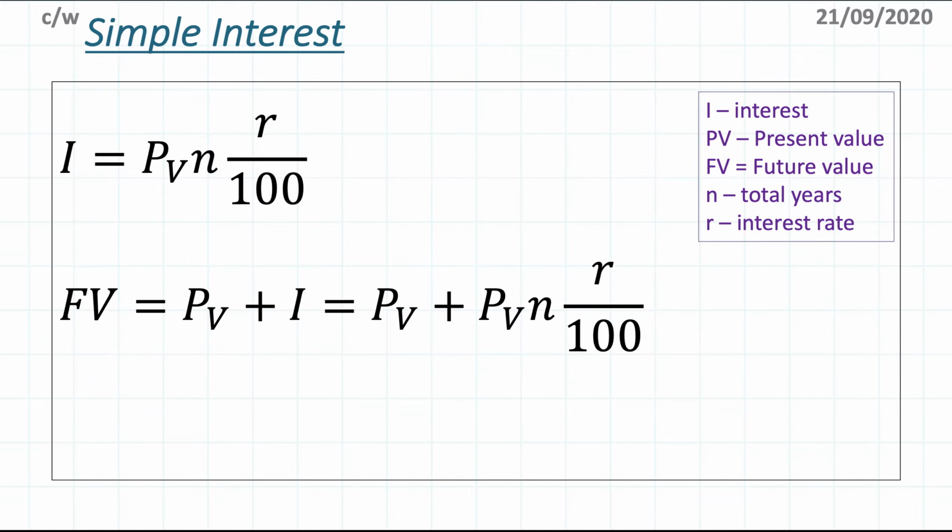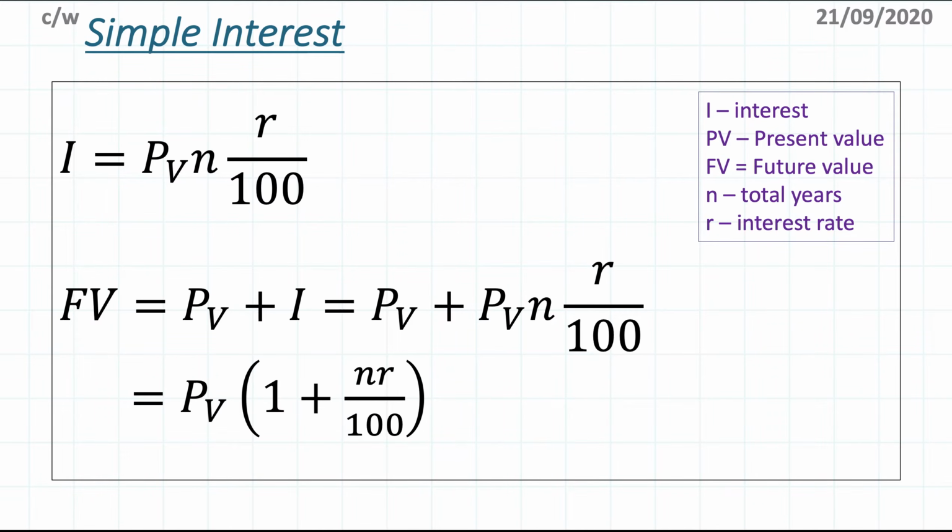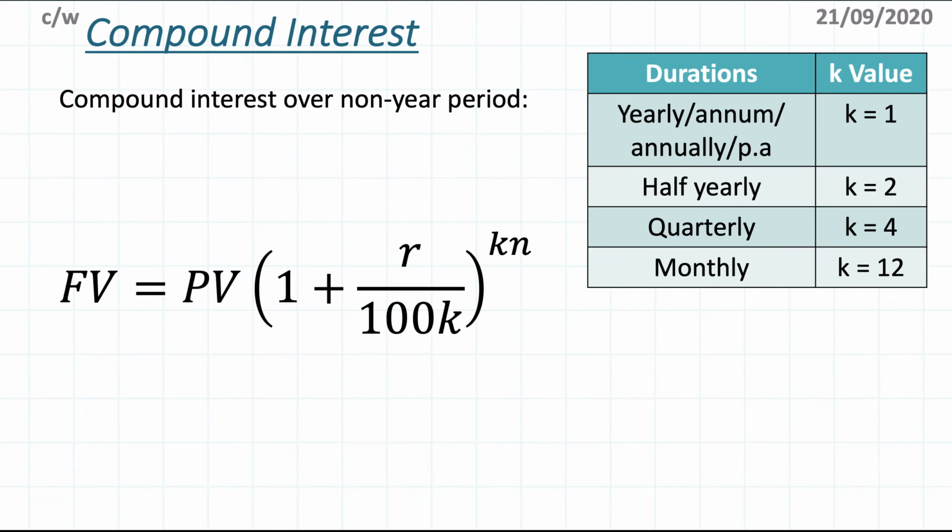And if I replace the interest with the formula that I have above, it's going to be the present value plus the present value times n times r/100, and then I can factor out the present value, so it's going to give me this. So this is the formula for the future value, and that's if I factor out the PV in the end.